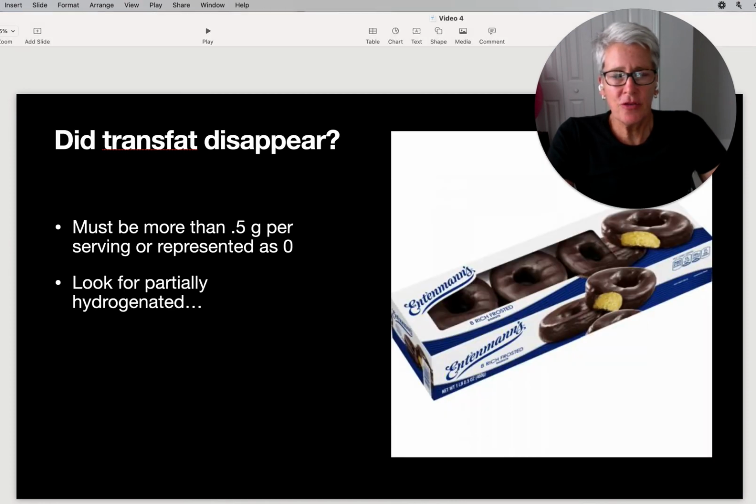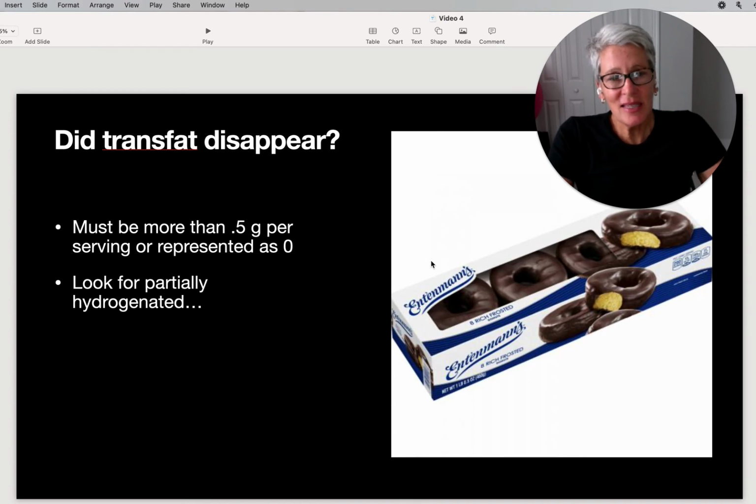Trans fat. This is interesting because food manufacturers were able to get away with, depending upon how you see it, if the trans fat is 0.5 grams or less, it's not listed as trans fat.